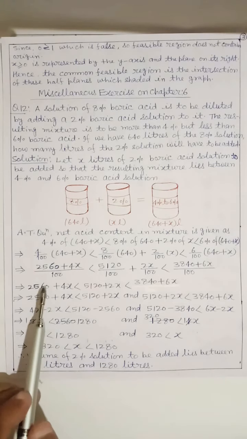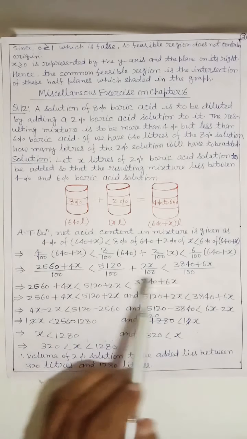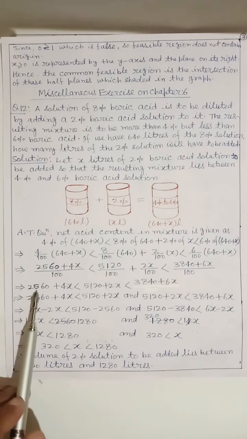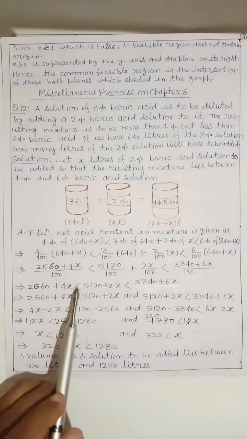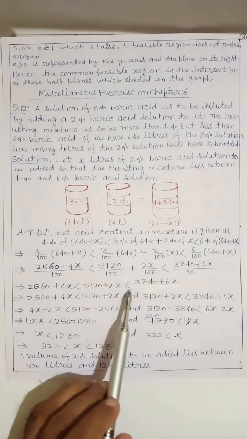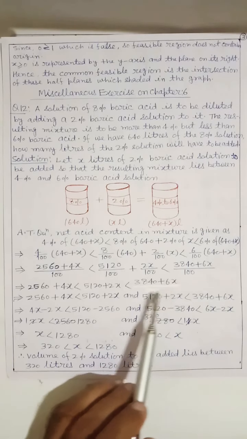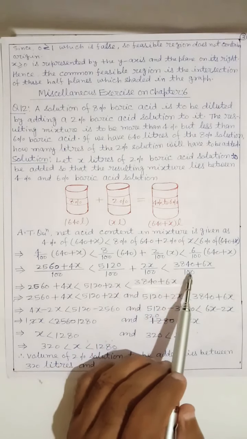Multiplying by 100, we get 2560 plus 4x less than 5120 plus 2x less than 3840 plus 6x.